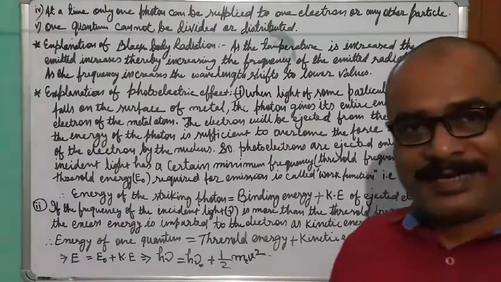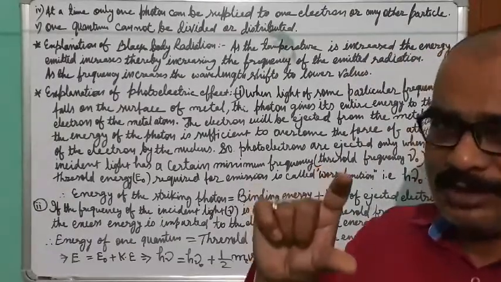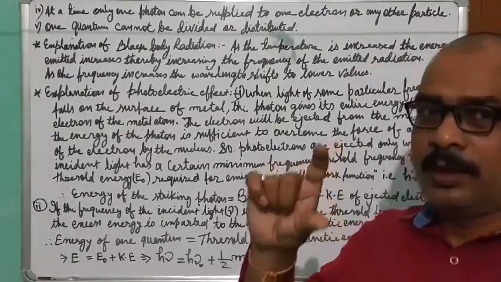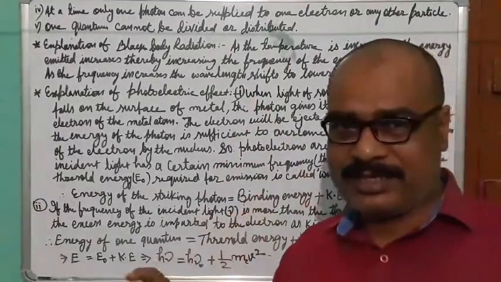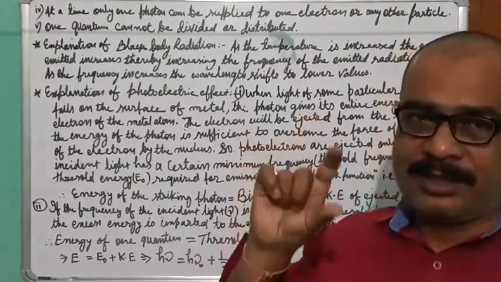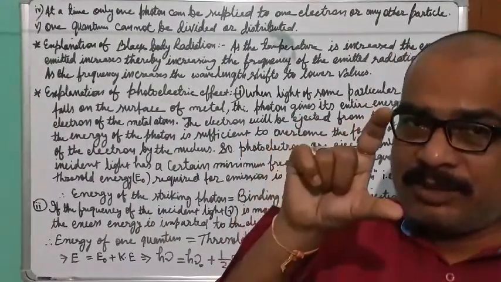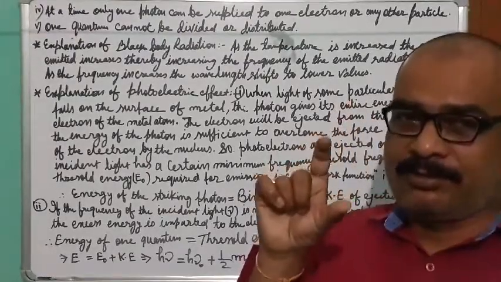So we need a minimum quantity of energy, called binding energy. The photon or quanta falling over the metal surface must have at least that much energy.